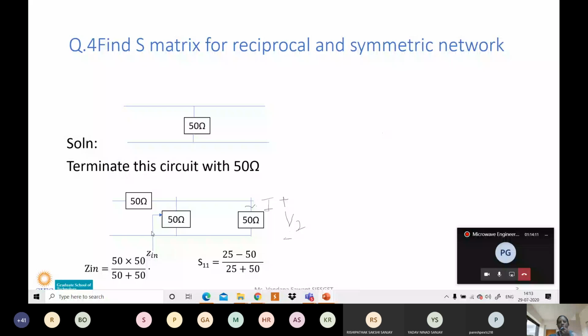Looking from this point, we get this 50 ohm and this 50 ohm resistor in parallel. As these resistances are in parallel, Zin is equal to 50 parallel 50, that is 50 multiplied by 50 divided by 50 plus 50.